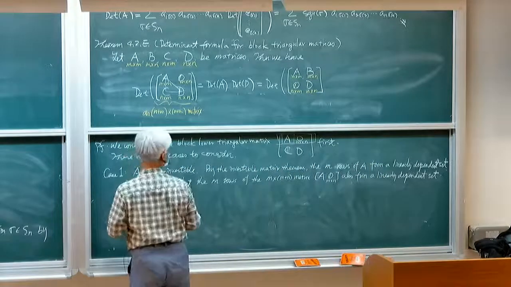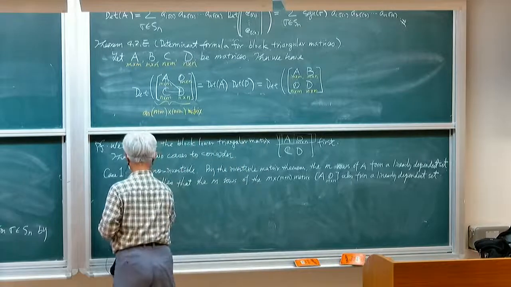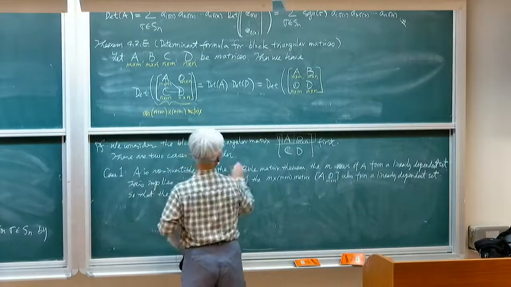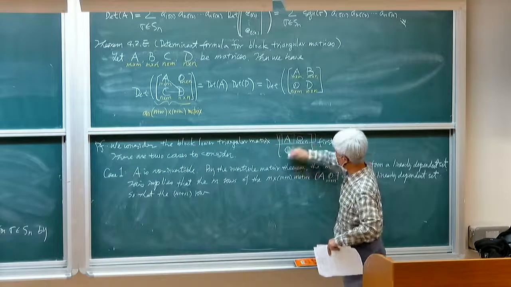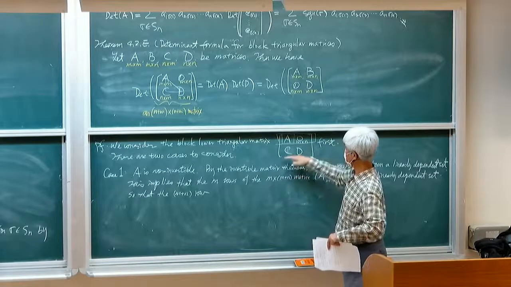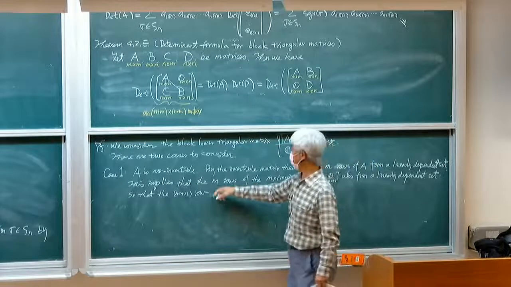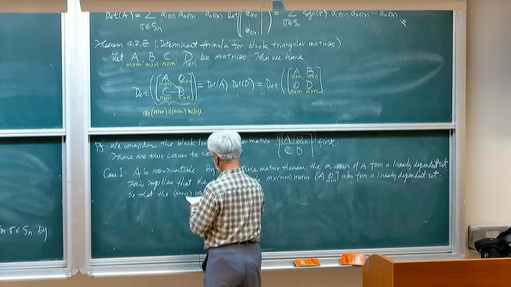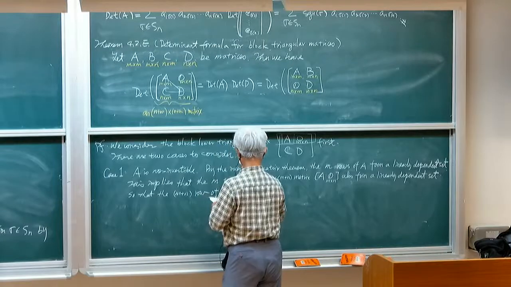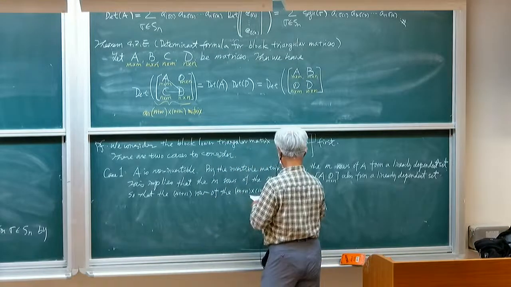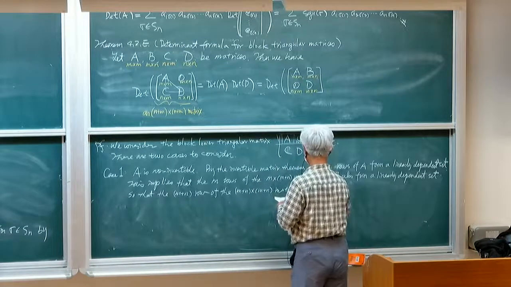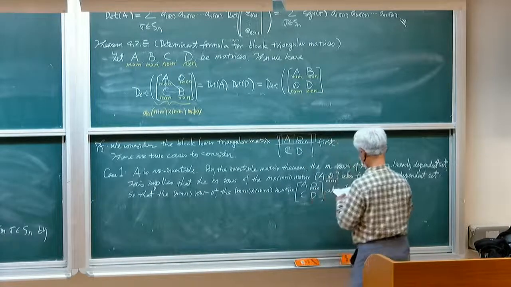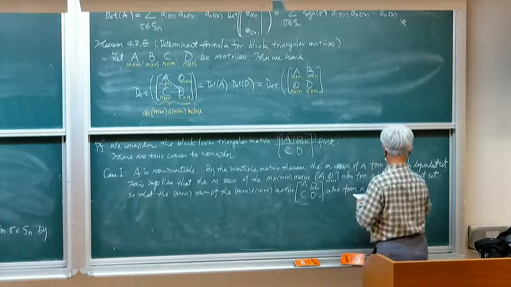In this case, the m plus n rows. Now, since the m rows are linearly dependent, when we include the remaining n rows there, then the m plus n rows of this m plus n times m plus n matrix A, 0, CD also form a linearly dependent set.